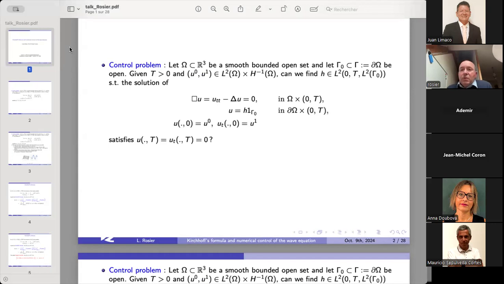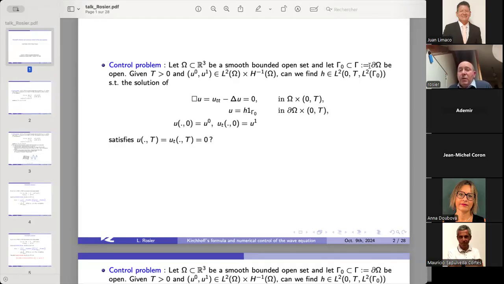So the classical control problem for the wave equation we are considering is the following. We consider the wave equation with a constant coefficient on some domain omega, where omega is a smooth bounded open set in R3.